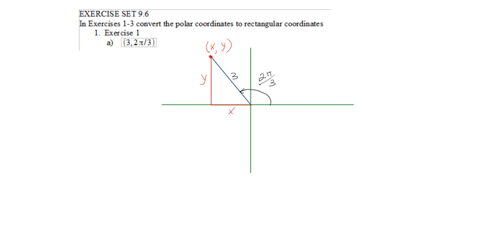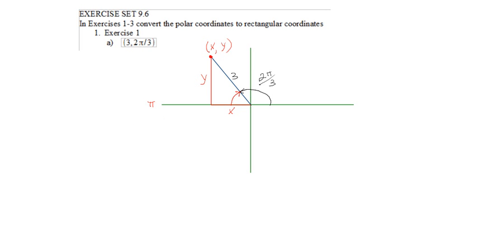Now we still need to know the angle right here. If you can see, this angle plus this angle form 180 degrees. We're working with radians here, and 180 degrees is actually pi. So if we have 2 pi over 3 here, what do we need to get to 3 pi over 3, because 3 over 3 is 1?